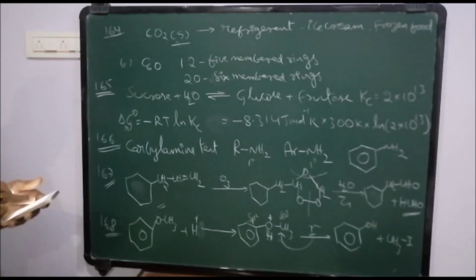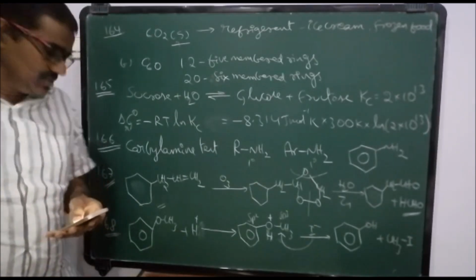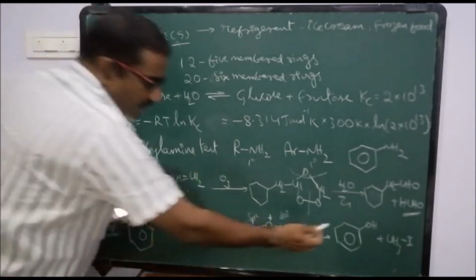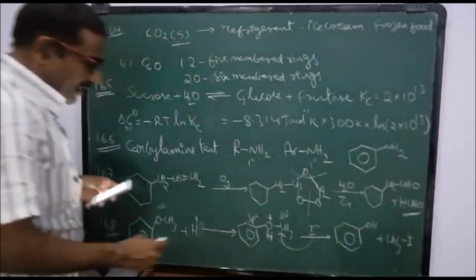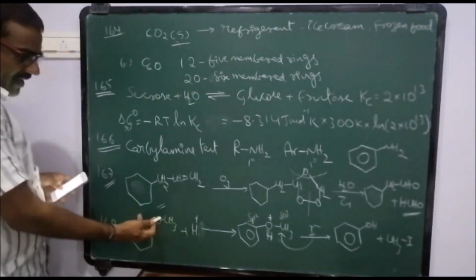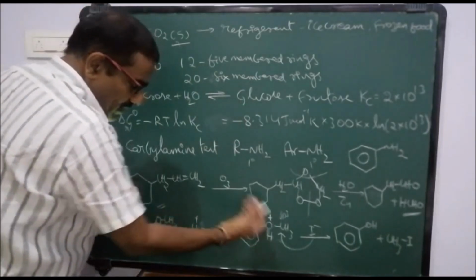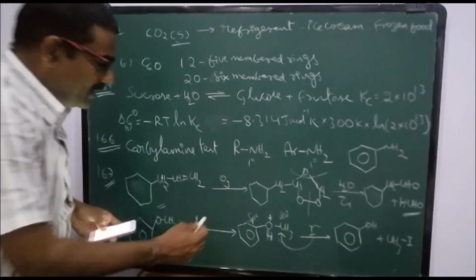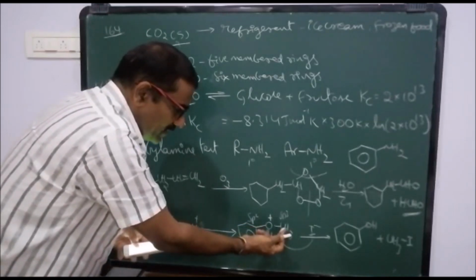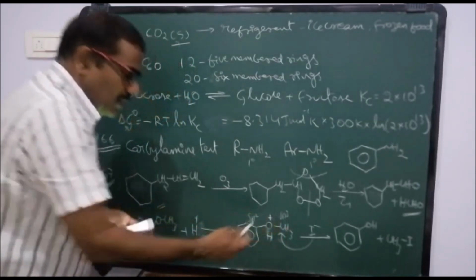And question number 168. Anisole on cleavage with HI gives phenol and CH3I. If we see the mechanism, first on ethereal oxygen, protonation takes place to form the protonated anisole. Between this carbon and oxygen, the sp2 sigma bond is there, and between this carbon and oxygen, the sp3 sigma bond is there.